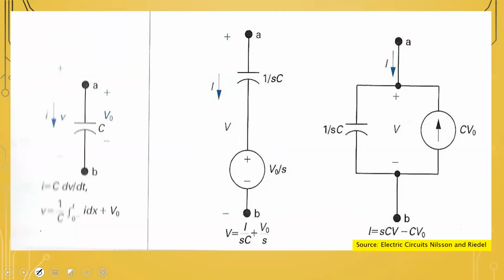But as we did with the inductor, we see that whether we are looking at it as a series representation of two voltages or a parallel representation of two currents, what is true in both instances is that the capacitor in the frequency domain is represented as 1 over sC.